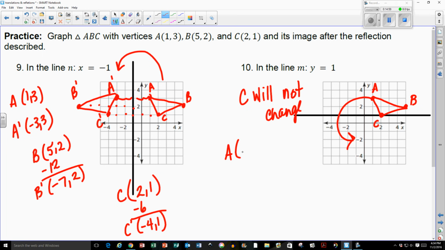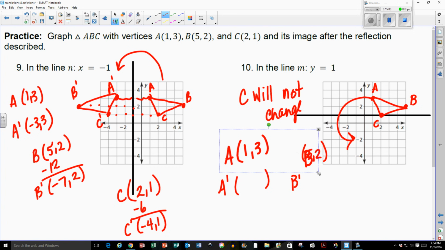So A is at 1, 3, and B is at 5, 2. All right, so let's find A prime and let's find B prime. Since A is 2 away, it's going to be right here, at negative 1, 1.